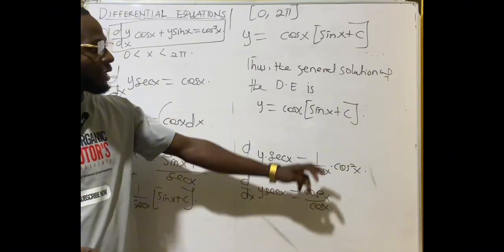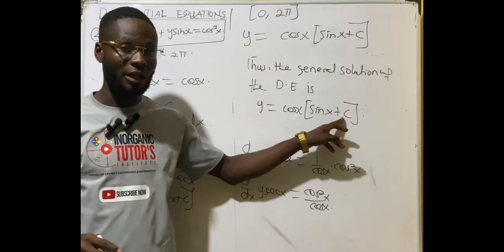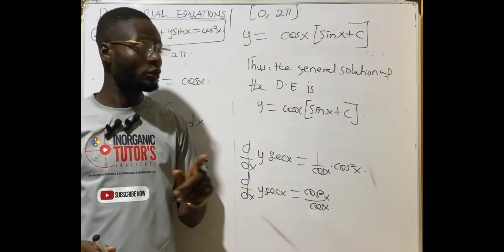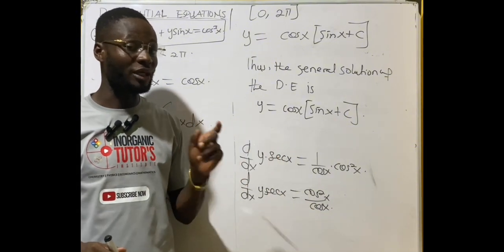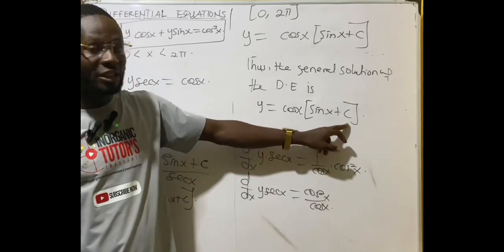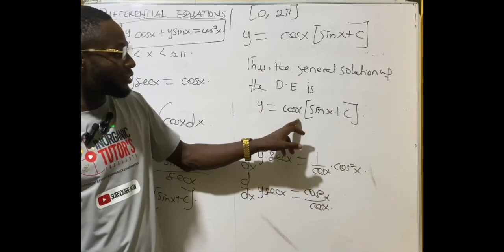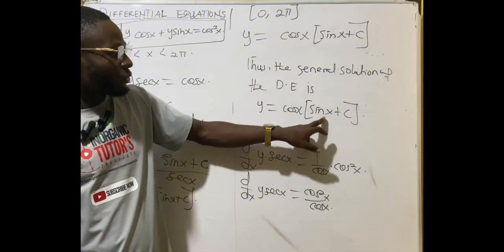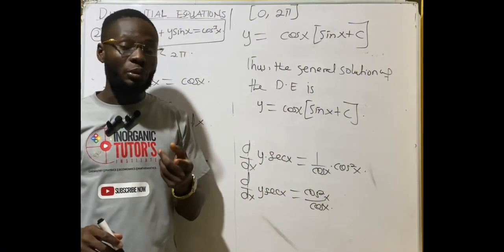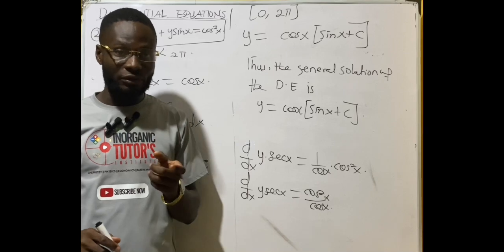But how are we going to get our constant? Well, we are going to pick a number 1 to represent our constant. So we are going to assume a value 1 to represent our constant c. So we're going to have cos x into sine x plus 1. We are doing that because we were not given any initials, right?